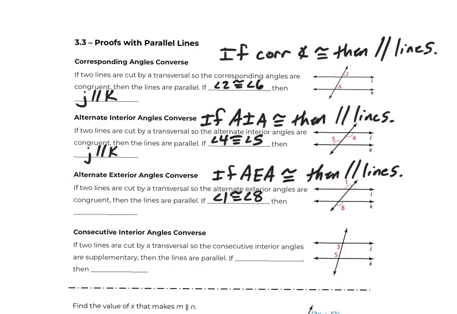Okay, so because those two angles are congruent, then J is parallel to K. So all three of those statements are very, very similar to one another. The only thing different really is the type of relationship that they have. Corresponding angles, alternate interior angles, alternate exterior angles are all congruent. If that's the case, then we will have parallel lines.